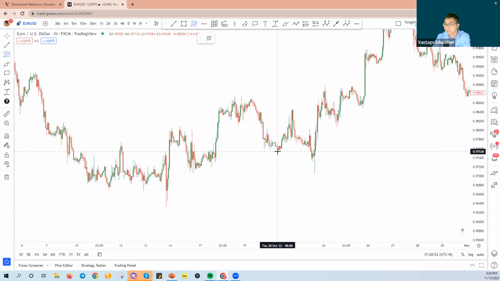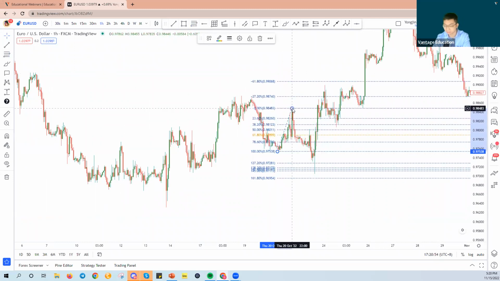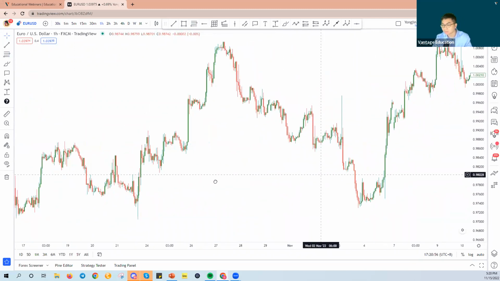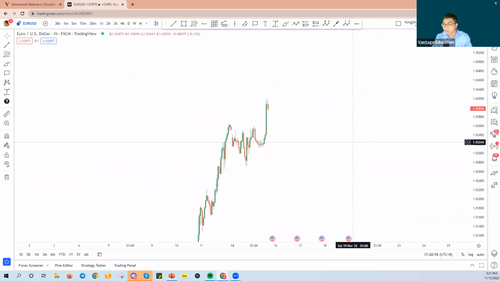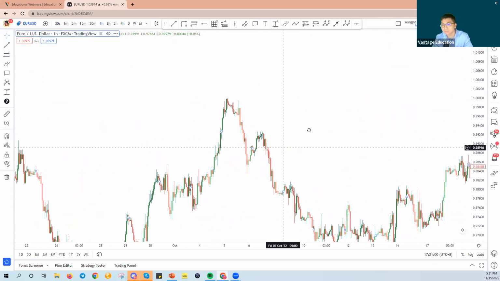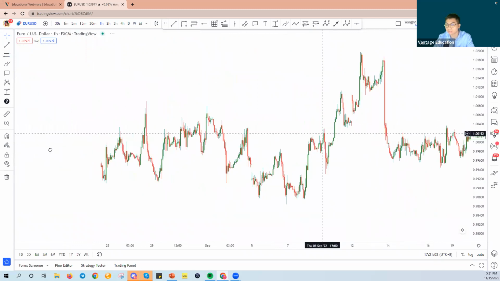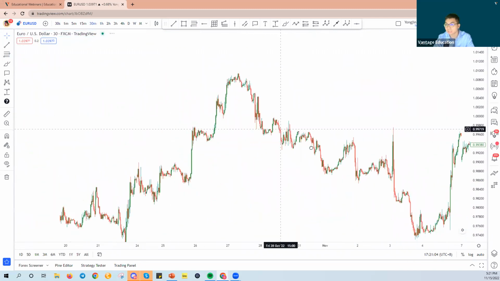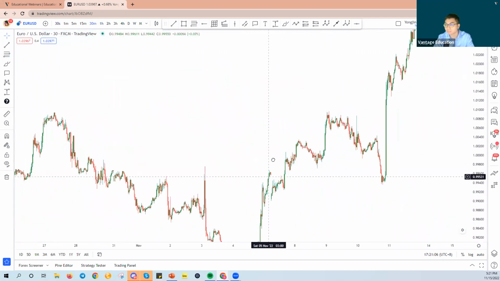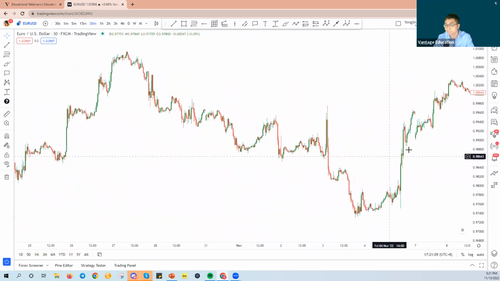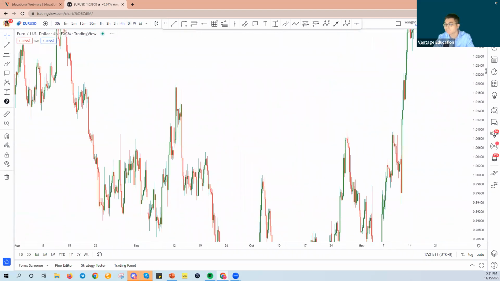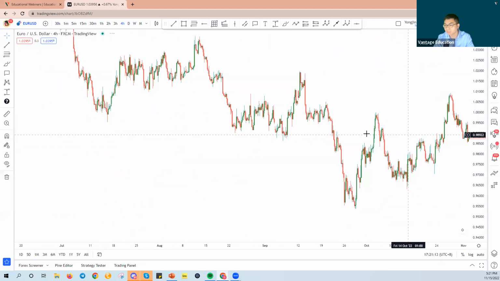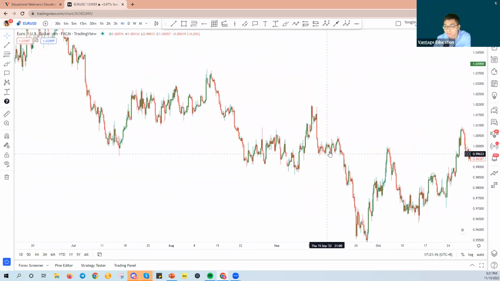Okay, maybe this has a potential setup. Okay, no, it hit the stop loss. I'm actually trying to find at least one Nike tick setup for you guys. 30 minutes, is there any? Is there any on the 30 minutes? 4 hours. In fact, on 4 hours it might be easier to see.